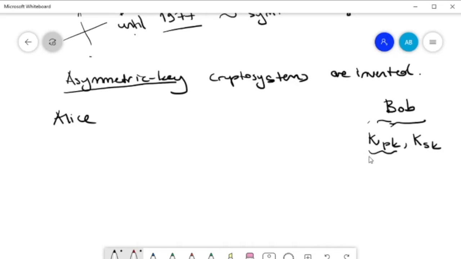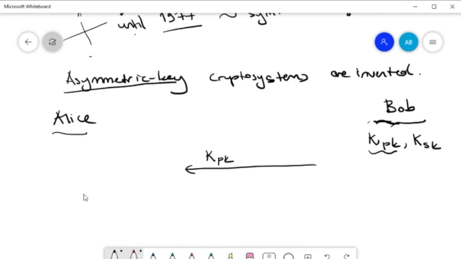The public key is a key that Bob can distribute to other people, or distribute through his website or something, so that people know it. It's public, it's a known key. And he sends this key, the public key, to Alice.